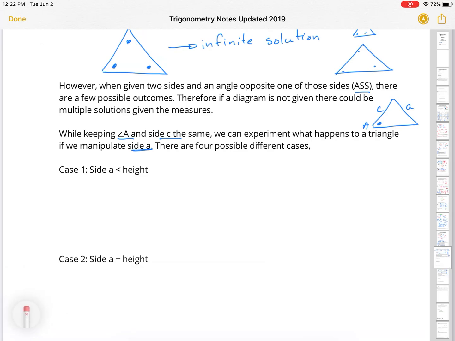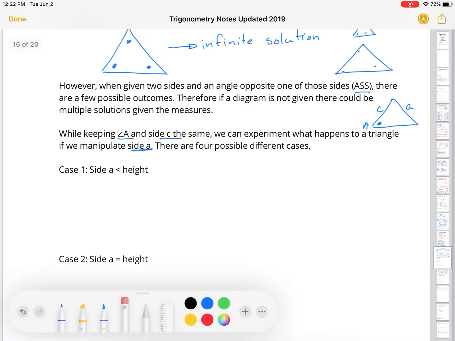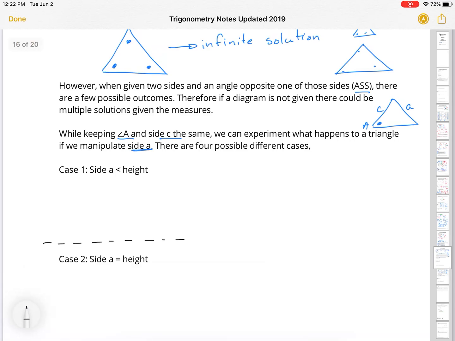So, first case, side A is less than the height. Here we have our base, and here we have angle A. This is side C. This would be angle B up here.